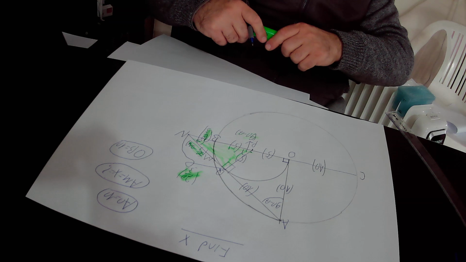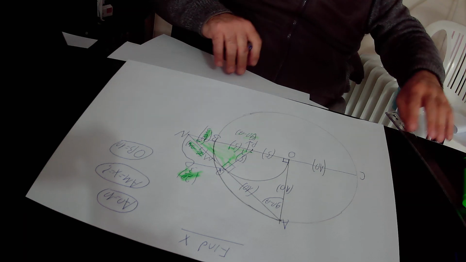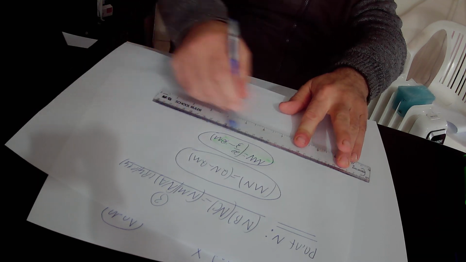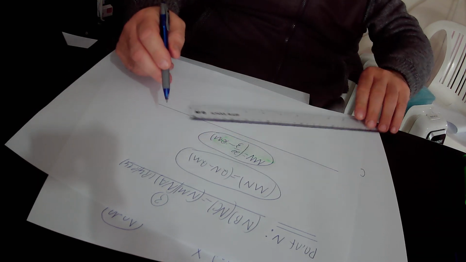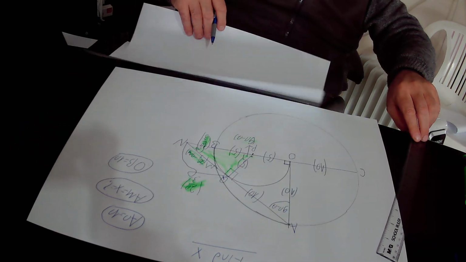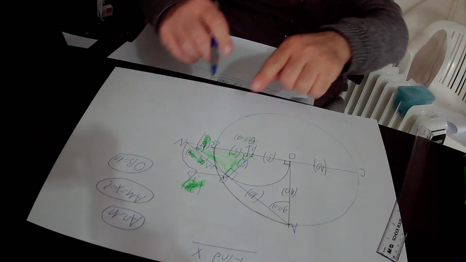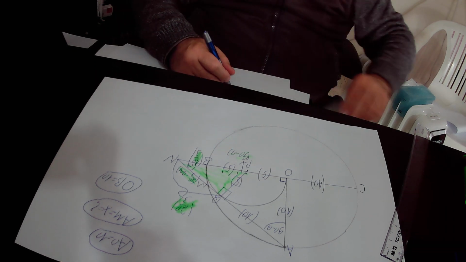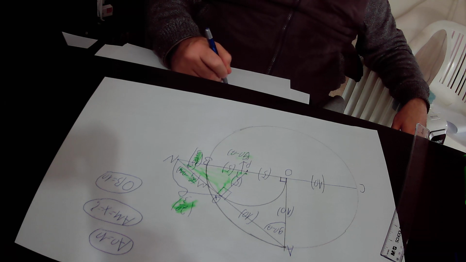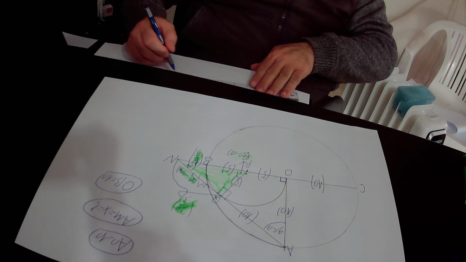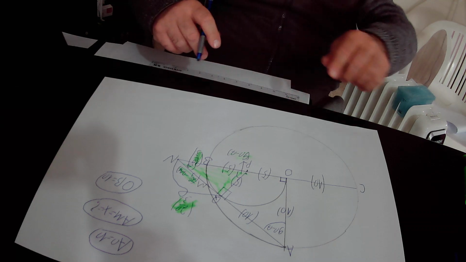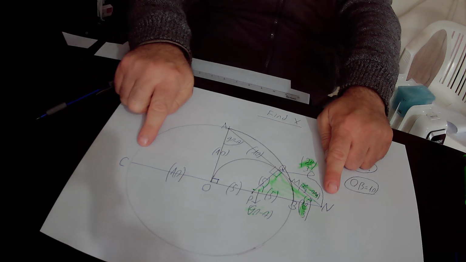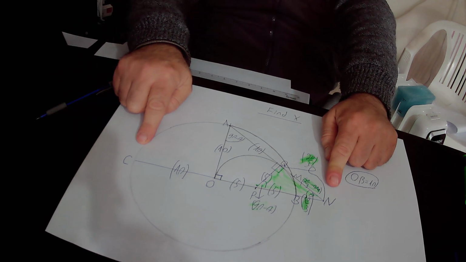Now we return to rule number 14. According to rule number 14, NB times NC equals NM times NA. NB equals 10 over 3 units, times NC. What is the length of line segment NC or CN?